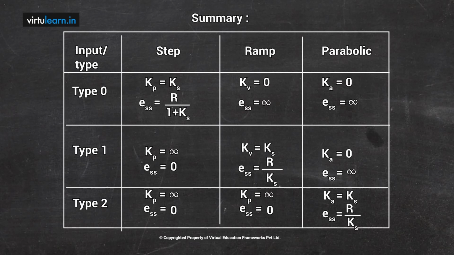Similarly, the upper diagonal elements have error constants that are zeros, whereas the corresponding errors are infinity. So this table is very useful to understand the error constant concept as well as its corresponding steady state error concept.